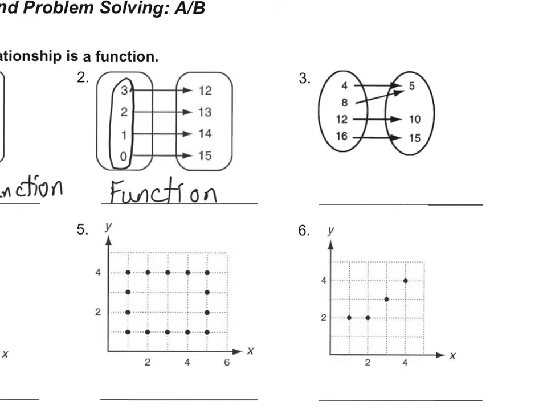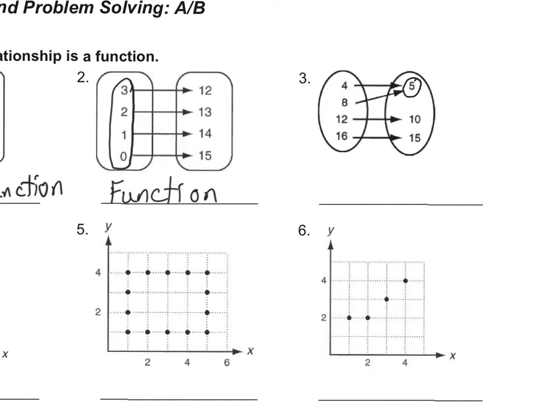Question 3. 4 points at 5, 8 points at 5, 12 at 10, and 16 gives you 15. Now, we notice that two different numbers are pointing or are giving you a value of 5.